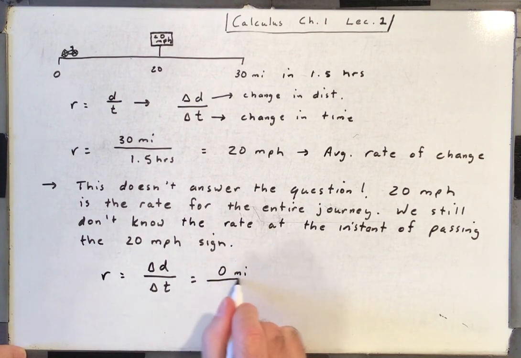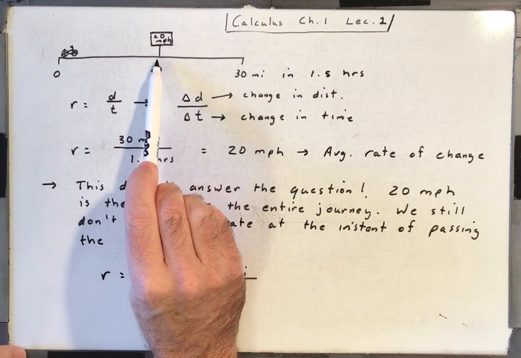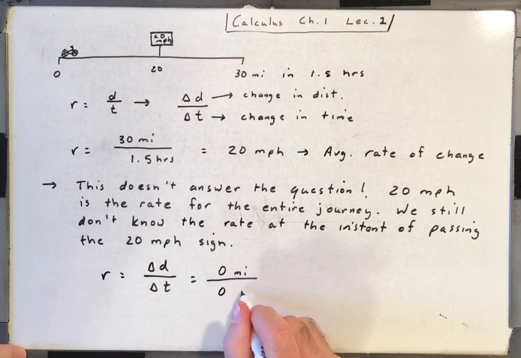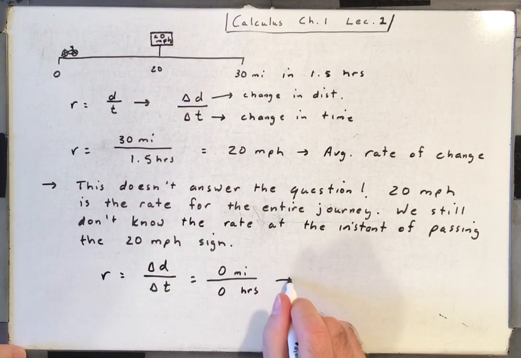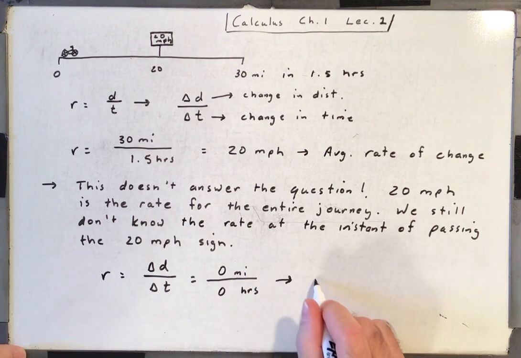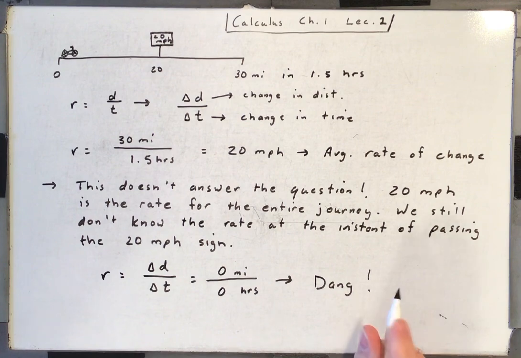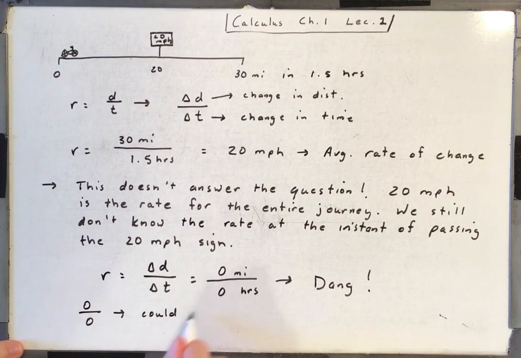0 miles. What's the change in time from the signpost to the signpost? Well, it's instantaneous, so it's 0 hours. Well, that's 0 over 0. What the heck is that? Dang. That is a conundrum, right? 0 over 0, maybe you think, well, that could be 0, right?